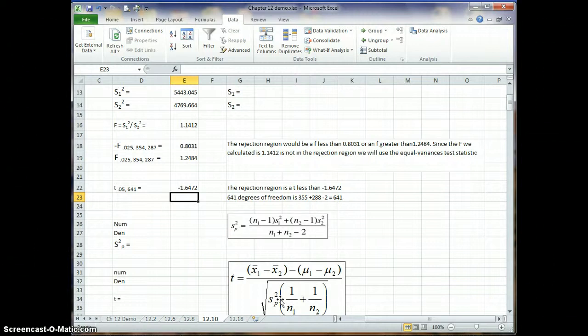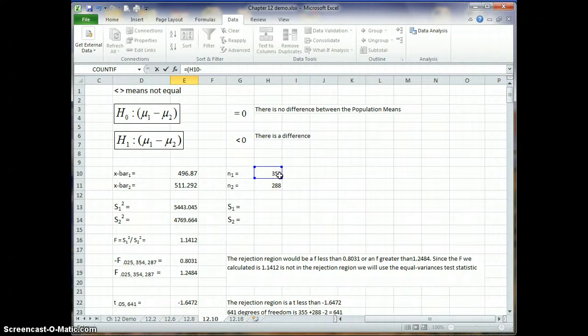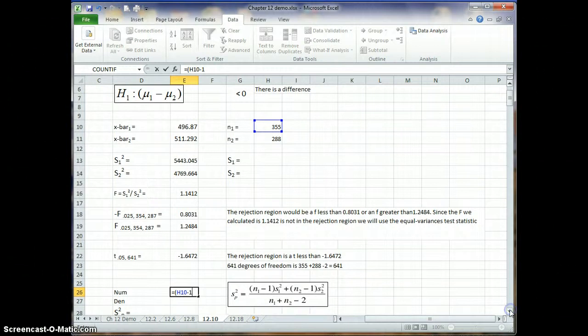But in order to do that, we need to calculate the S sub p squared, which is also the pooled variance estimator. So let's do the calculation again, breaking it down first by numerator, which is equal to n1 minus 1 times variance 1 plus n2 minus 1 times the variance for 2.